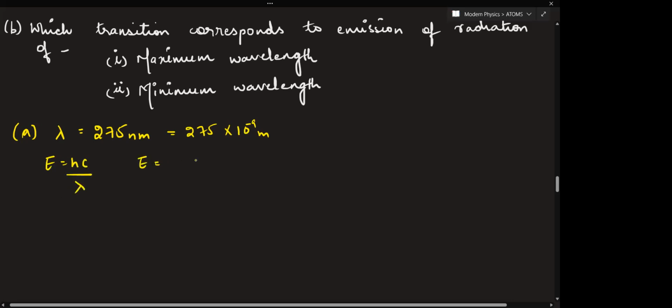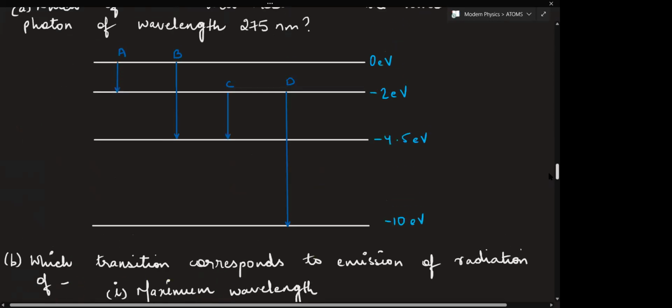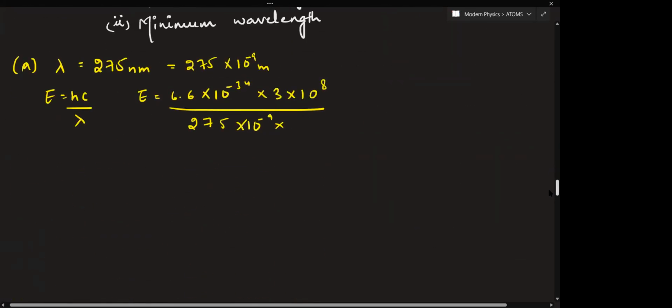So energy will be 6.6 into 10 to the power minus 34, then the speed of light is 3 into 10 to the power 8, by the wavelength, that is 275 into 10 to the power minus 9. This much joules. And again, since all these energy level diagrams are given in electron volt, we should calculate it here only.